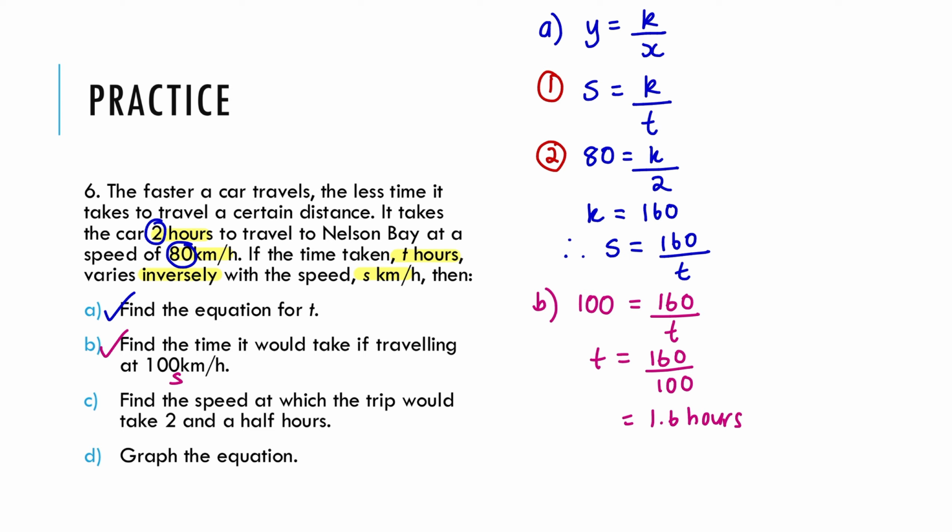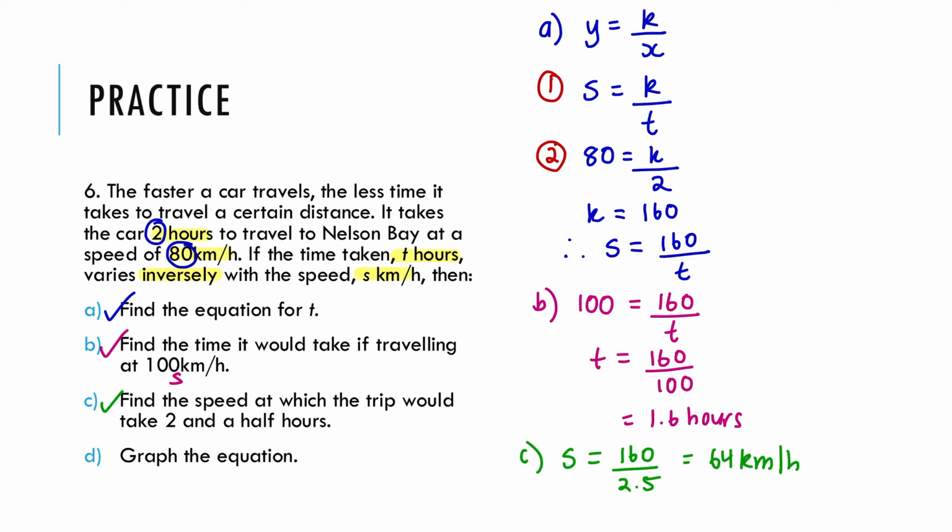Next, I'm looking for the speed at which the trip would take 2.5 hours. So for part C, s is equal to 160 divided by 2.5. So my speed will be 64 kilometers per hour. And remember those units of measure as well.